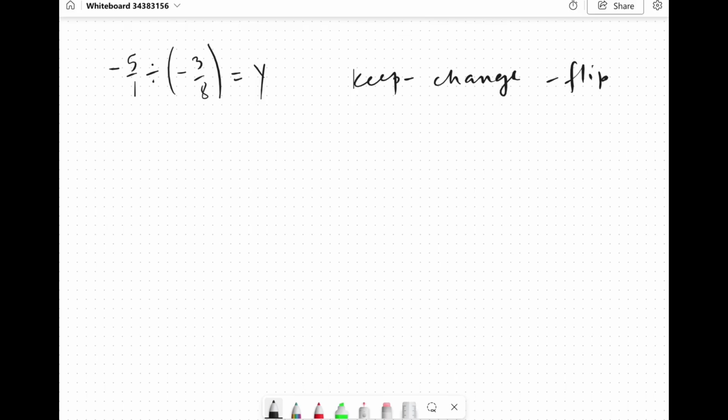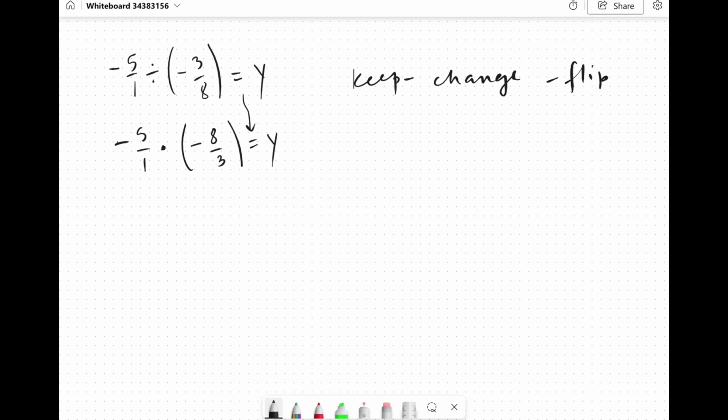This means you will be keeping the first fraction, changing division into multiplication, and flipping the second fraction. So instead of -3/8, you have -8/3, and you keep dragging your equal sign, and then the y on the right side.